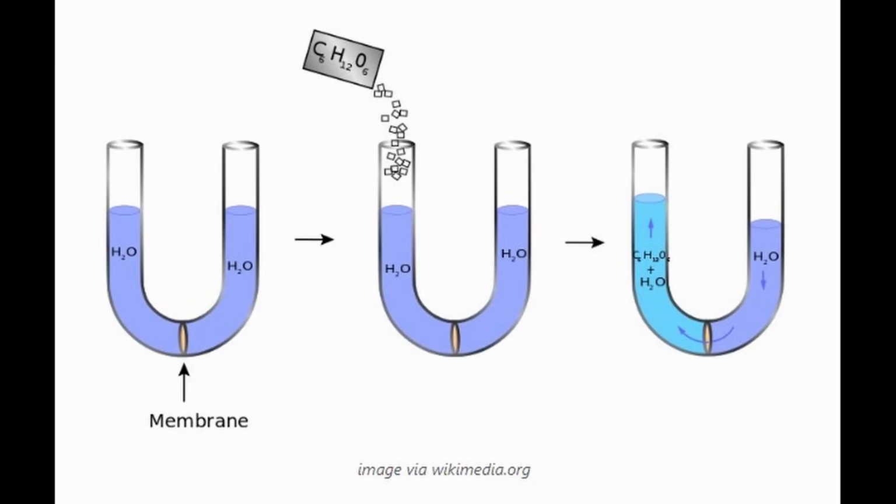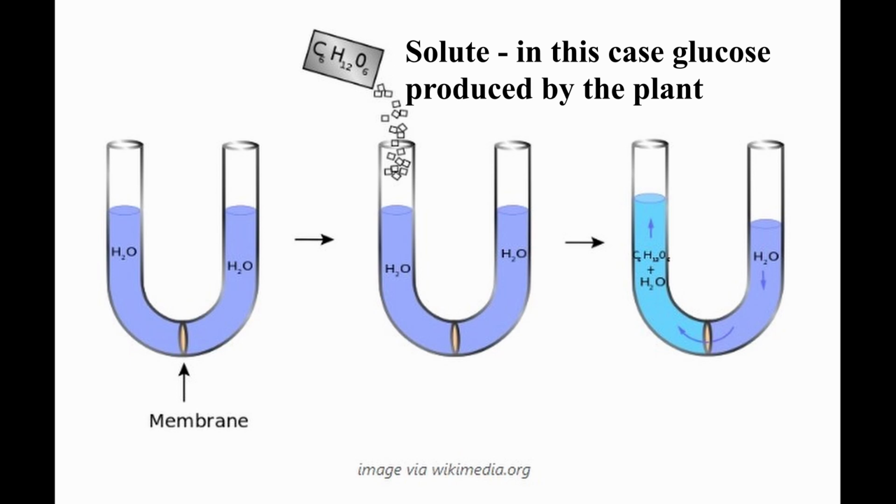Remember, water wants to move from an area of higher potential energy to an area of lower potential energy. When we put the solute in, which in the plant world is usually our fertilizer, when we put the solute into the water and put a semi-permeable membrane, lower water potential energy, higher water potential energy.